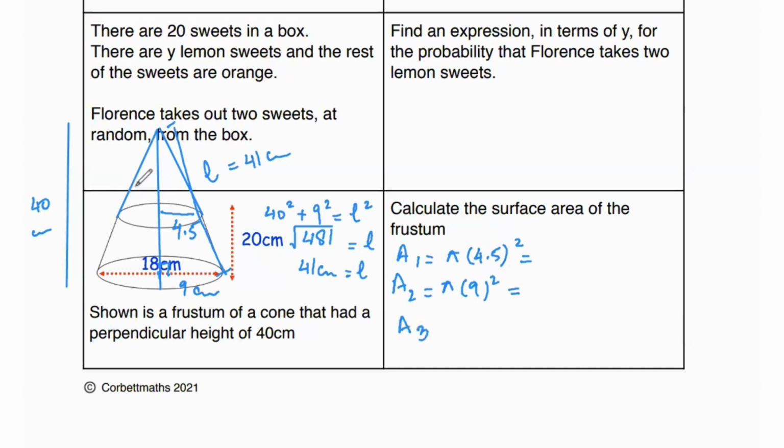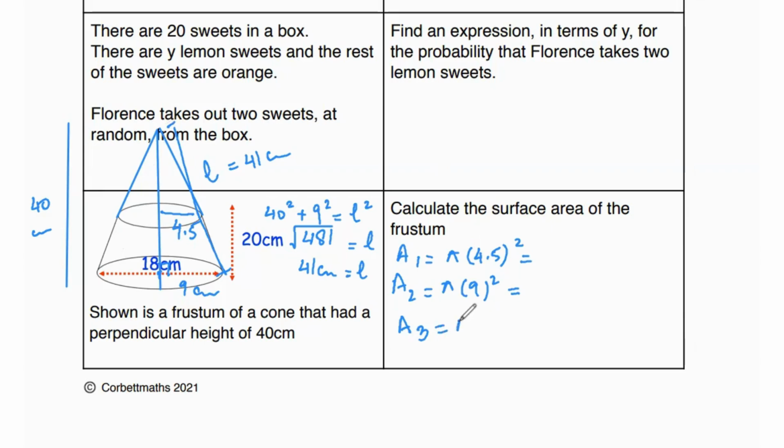A3 is going to be the difference of the entire cone and the cone that has been removed from this cone. By that, what I mean is that the top part of the cone, which has been removed, we're going to subtract the curved surface area of that cone from the entire cone.